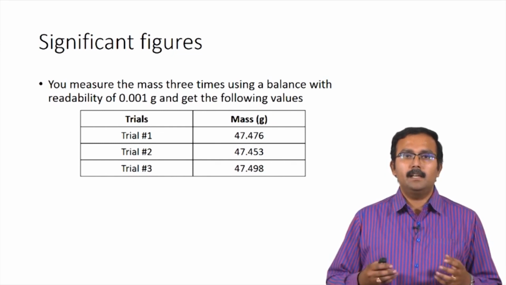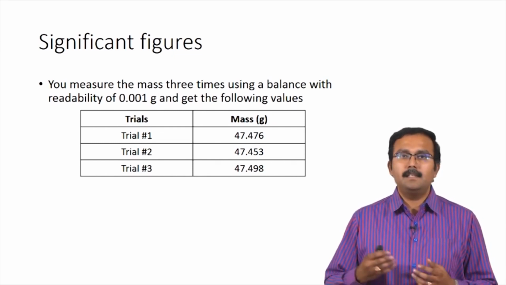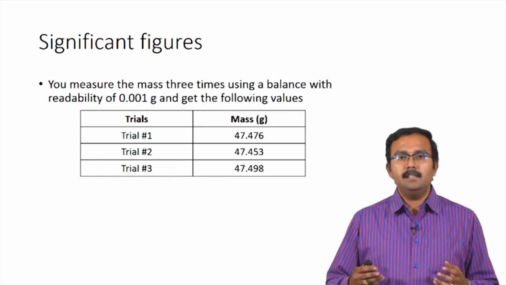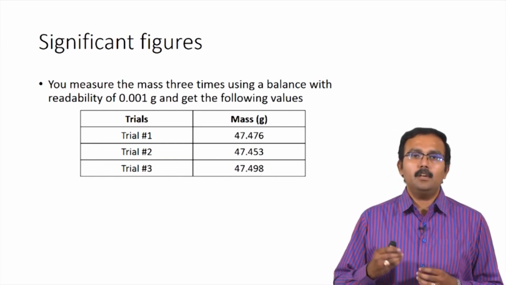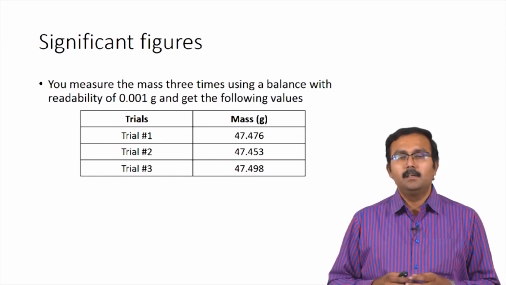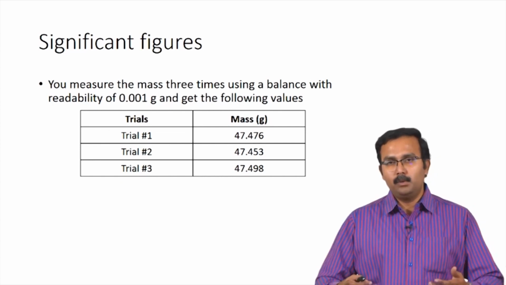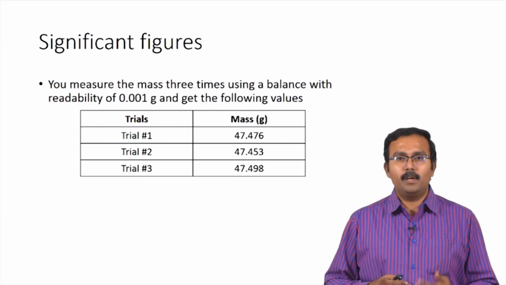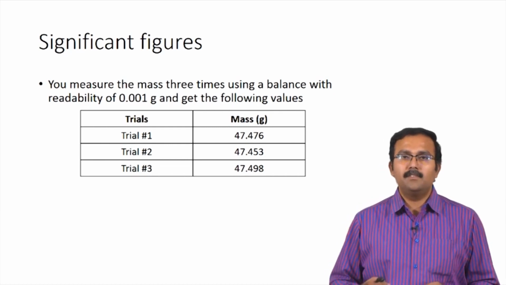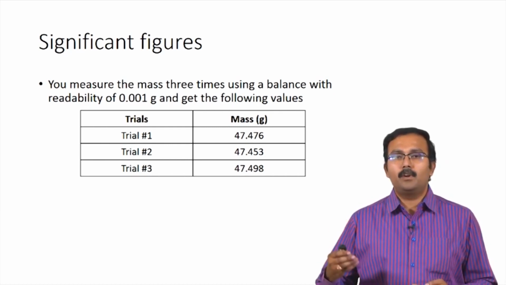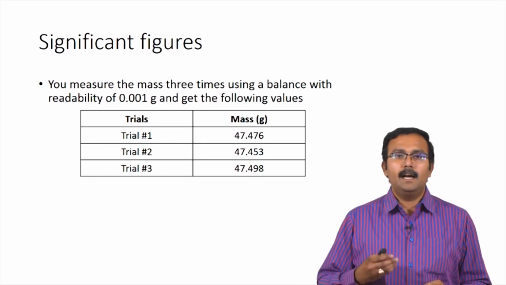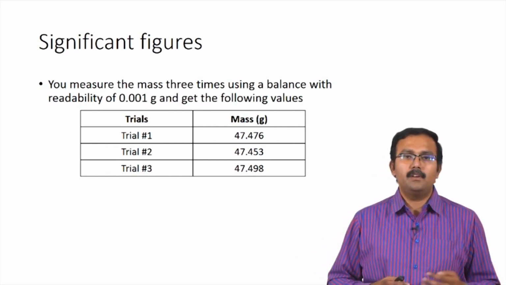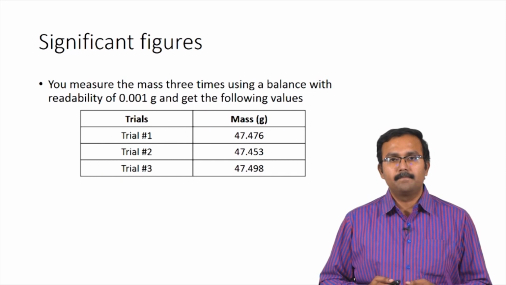When you are measuring the mass of some substance 3 times using a balance with a readability of 0.001 grams, you will probably get values like this. Trial 1 has given you a value of 47.476, trial 2 has given you a value of 47.453, and trial 3 has given you a value of 47.498.